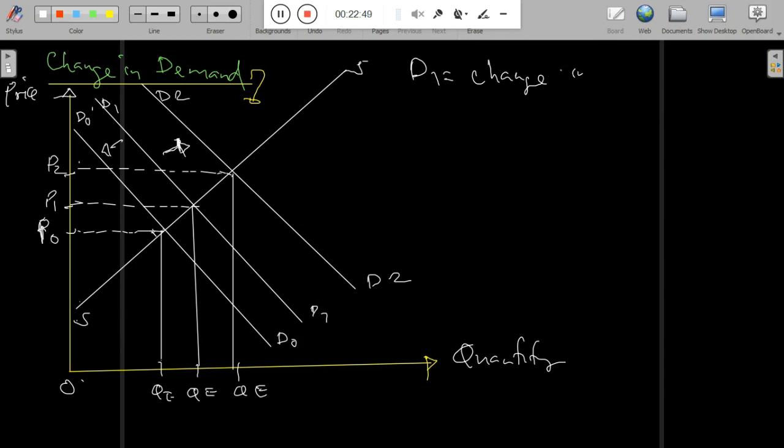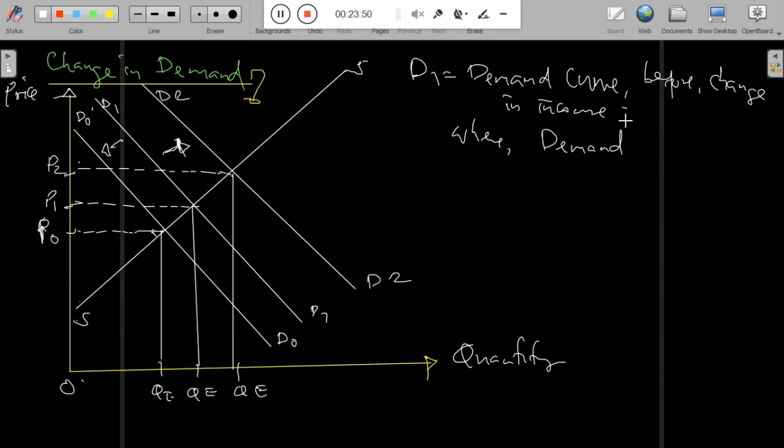After the equilibrium point E, on the other hand, a decrease in income leads to a decrease in demand. Whenever there is an increase in income, the demand shifts upward.